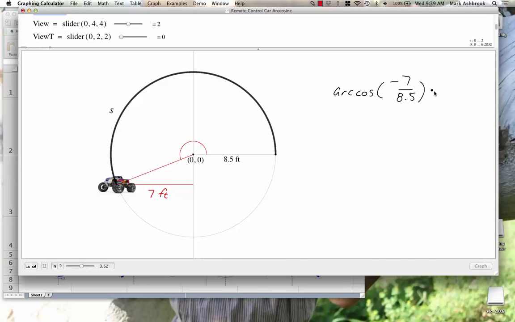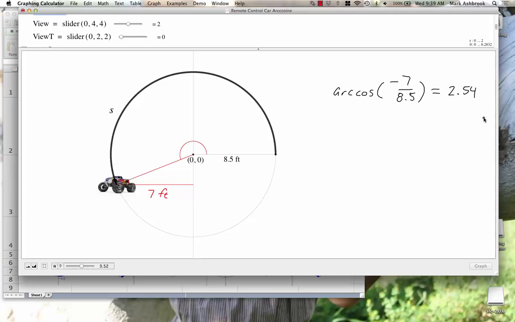Who has that number? What is it? 2.54. What does that number mean? 2.54. So, what does it mean? Is it a horizontal distance?